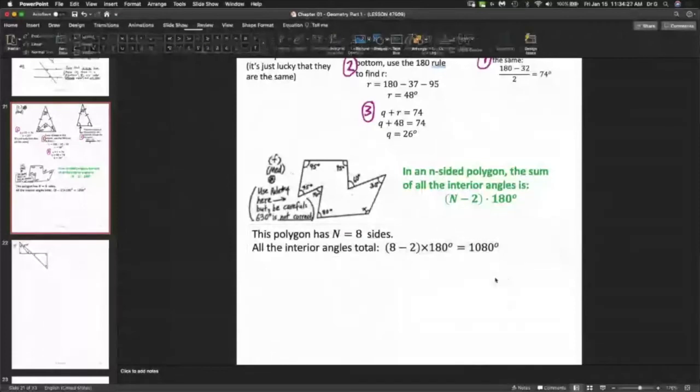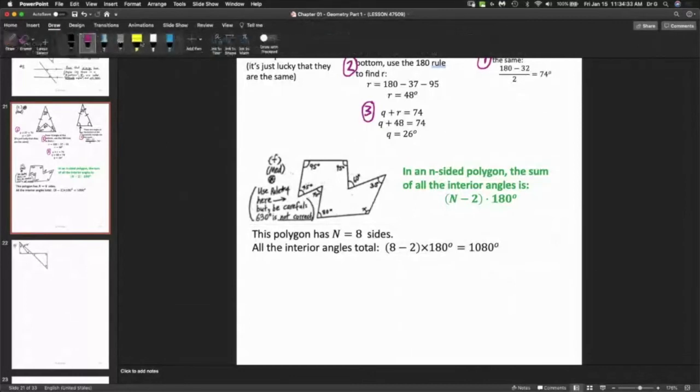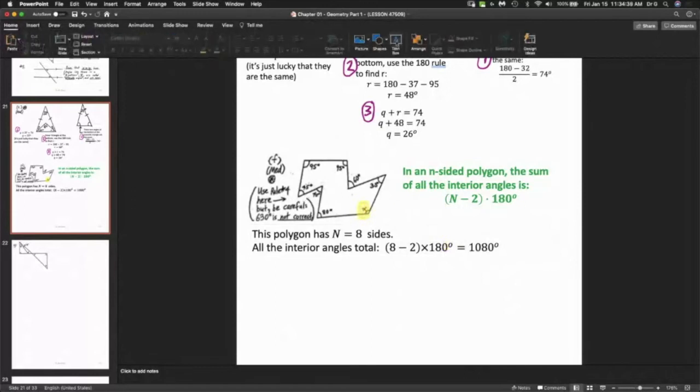Okay, so the question here is that we want to solve for x. So we want to solve for this guy down here. Let me show you something now, and then I'll talk about why it's wrong. This is really important. This is the incorrect solution.